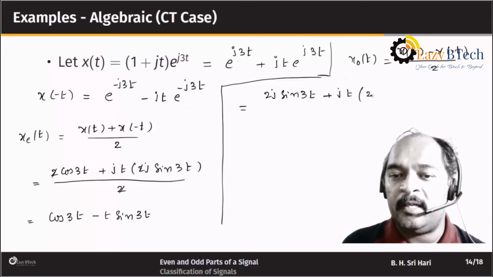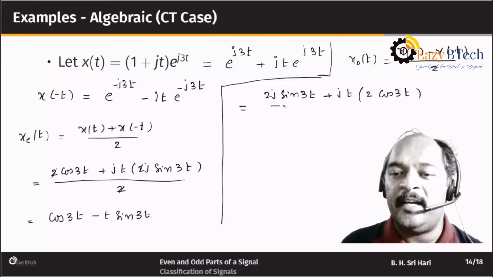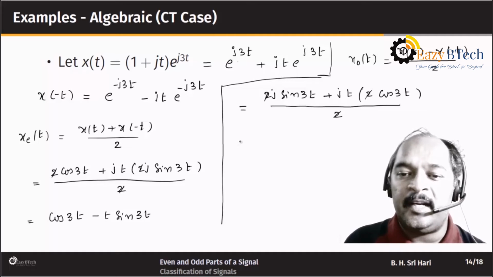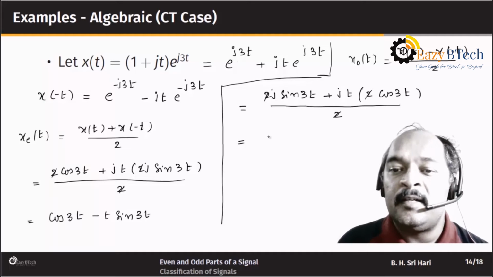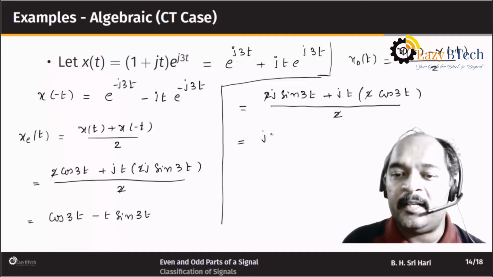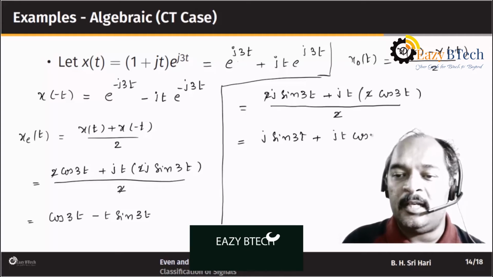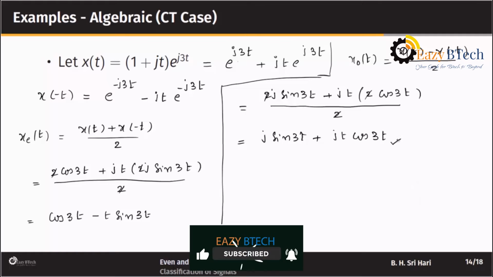That should be equal to 2 cos 3t, whole divided by 2, and again 2 is common, that will get cancelled out. So what will be the final answer? You will get j sin 3t plus jt cos 3t. That would be the odd part of the signal.